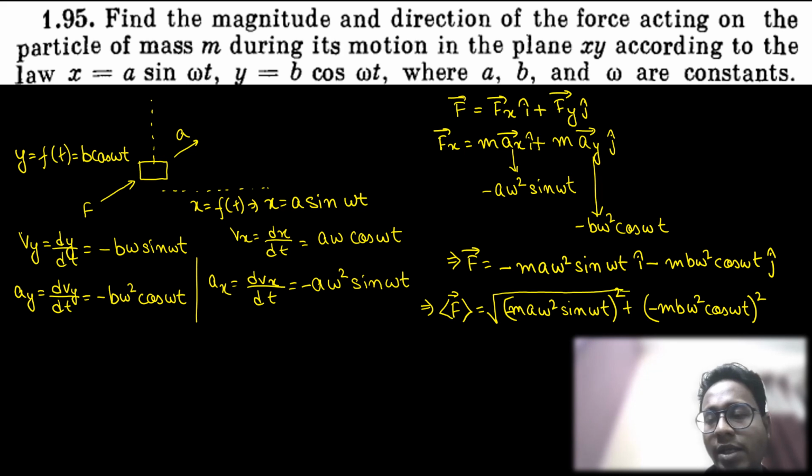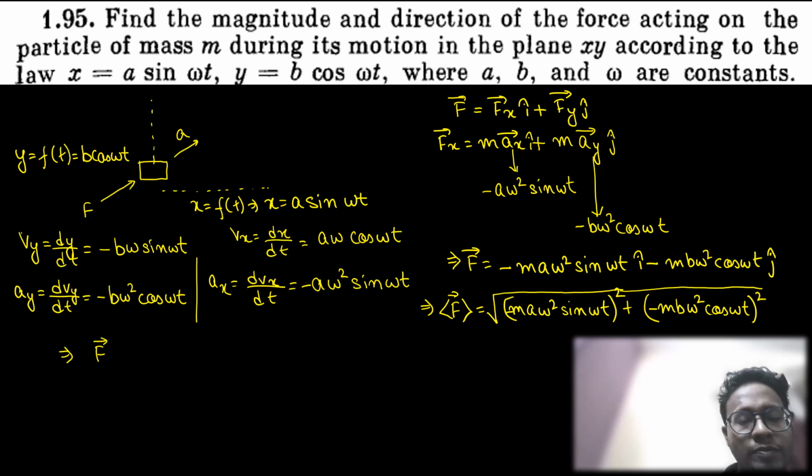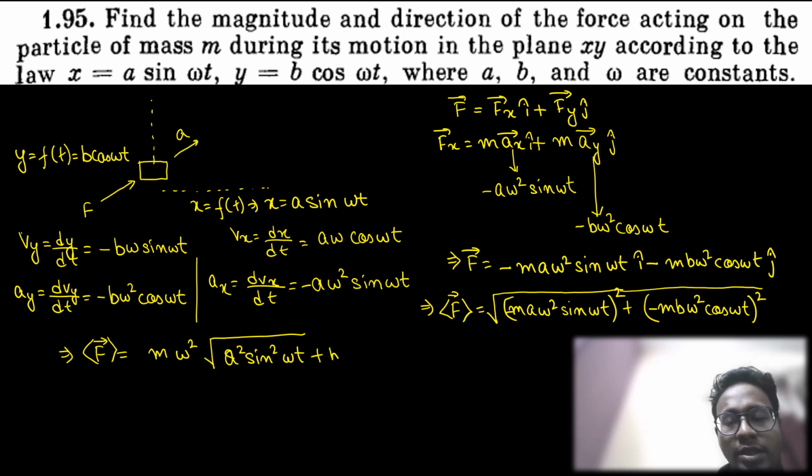If you solve this, the force is m omega square, a constant, into under root of a square sine square omega t plus b square cos square omega t. So this is the final magnitude of force that is acting on the particle.